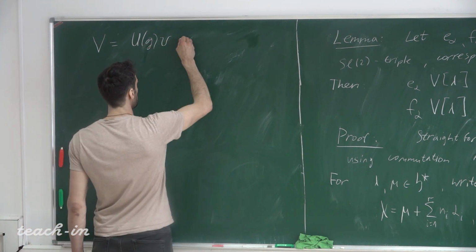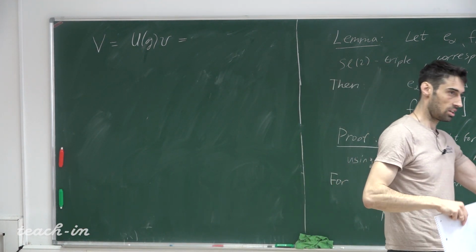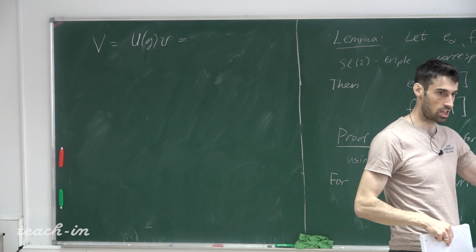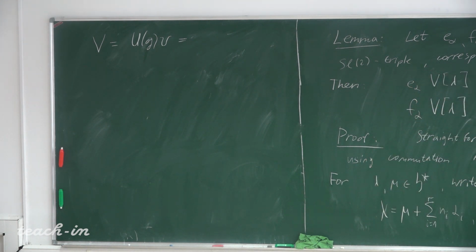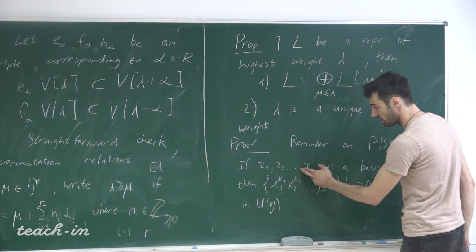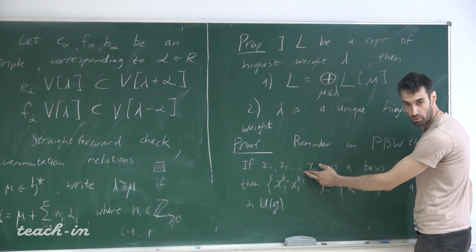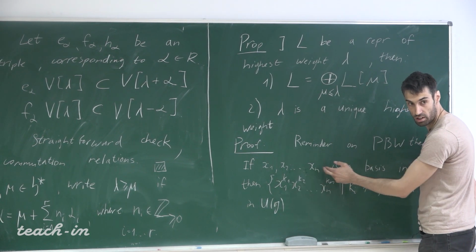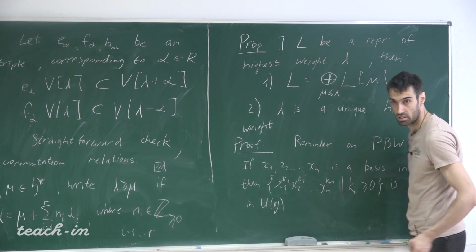But then, by the Poincaré-Birkhoff-Witt theorem, I have in my G: n minus, h, and then n plus. So let me take this basis such that first x1, x2, and so on will be from n minus, then next elements from this basis will be from h, and the last ones from n plus.